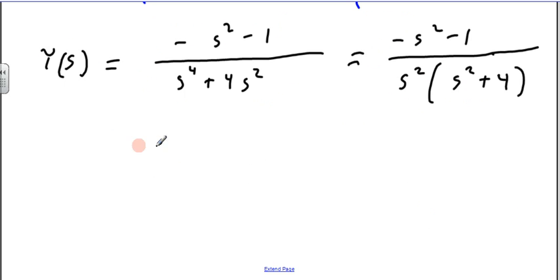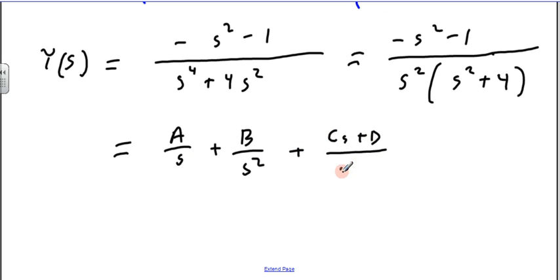We're going to do partial fractions. So I'm going to say I want A over s plus B over s squared plus Cs plus D over s squared plus 4. Now minus s minus 1 over s to the 4th plus 4s squared on the bottom.